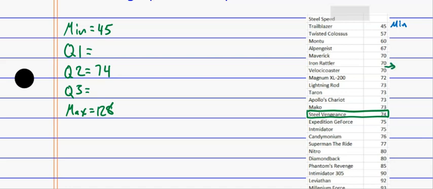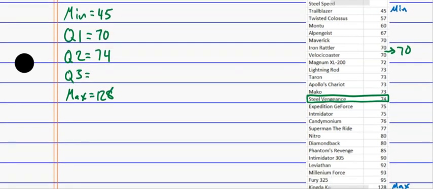And so halfway in between 70 and 70 is also a 70, okay? And so that's my first quartile. My third quartile, again, I do the same thing. If we have the same number of data values, it's going to be the 6.5th data value again. So again, that's going to be halfway in between the Diamondback and the Phantom's Revenge. And halfway between the 80 and the 85 is going to be an 82.5. And so that's my third quartile.